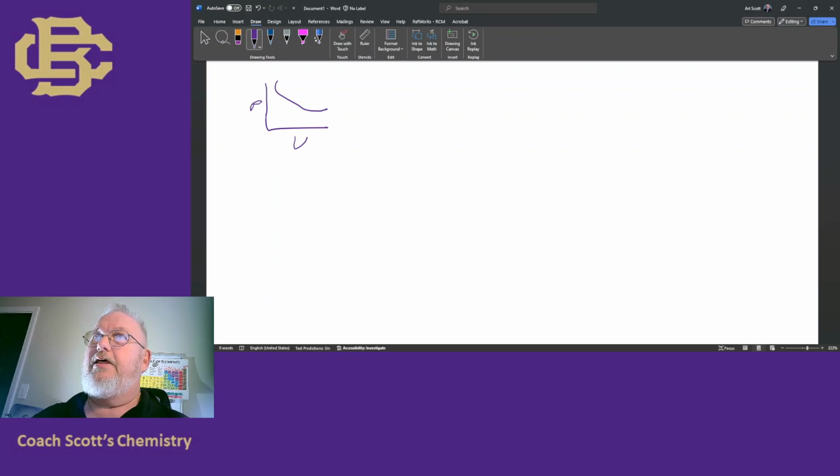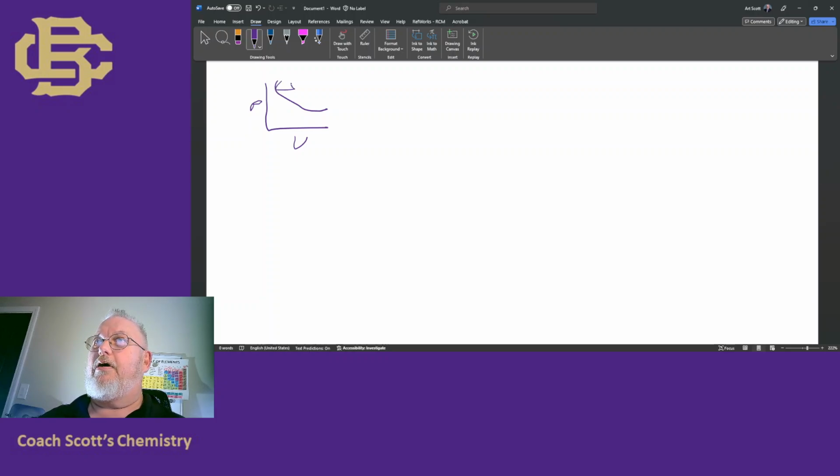If pressure increases, then the volume will decrease, because those things are moving faster. We can draw little things. Think about what's going on here.